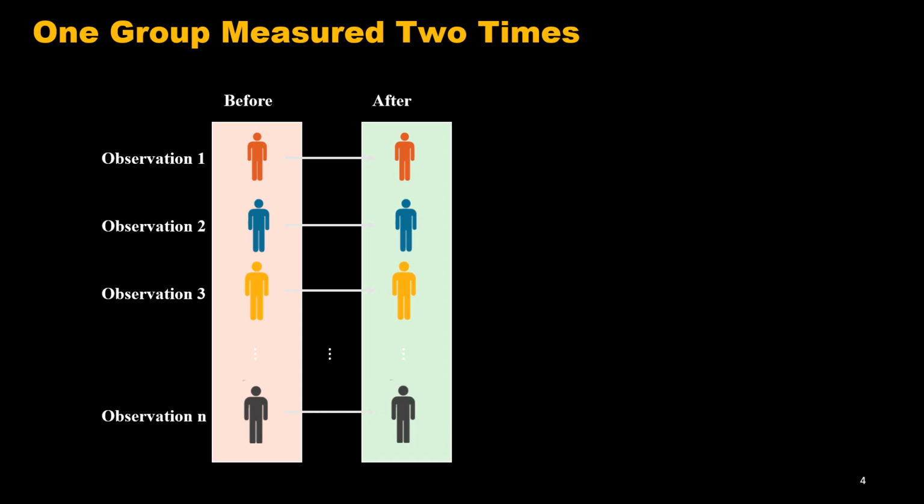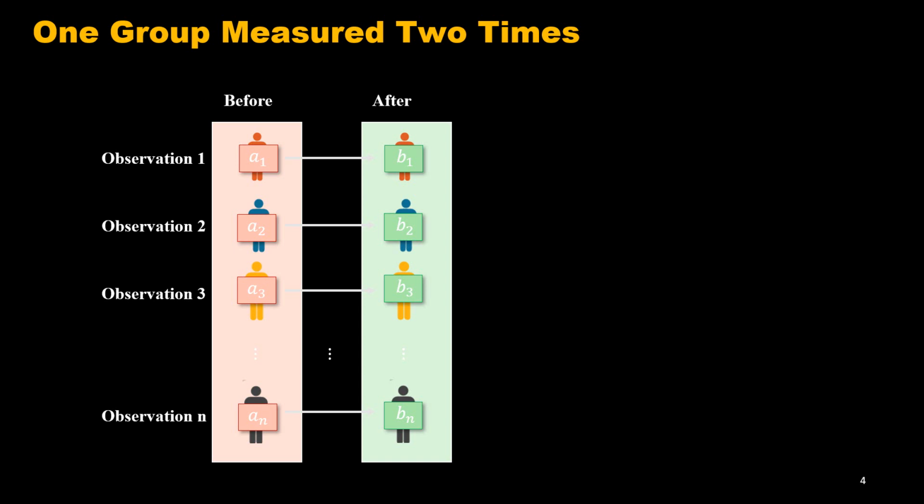We assume there are n observations. For the first observations, before, we use A1, A2, A3 up to An. Similarly, for the second observations, after, B1, B2, B3 up to Bn. So you see there are n observations in each group.